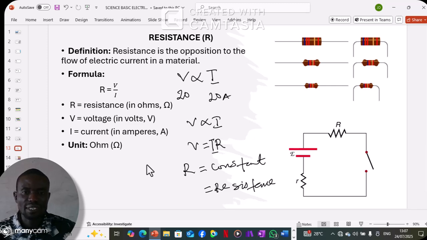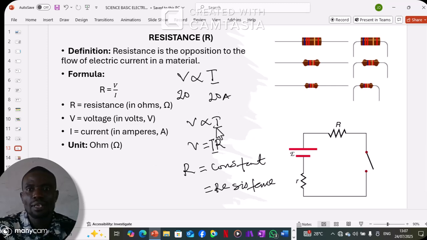That is how we come about this formula: V equals IR. When you make R the subject of the formula, R equals V over I. From V equals IR, this is what is called Ohm's law. I'm still going to explain that.